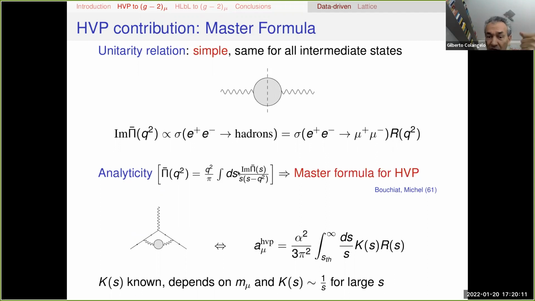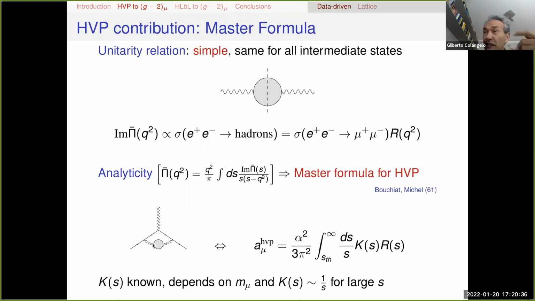So analyticity we've mentioned. Now, you see the momentum is the q squared here, the loop momentum. Once you write this contribution in this way, all you have to do to calculate this one loop is to consider this, which is essentially a propagator, but with a variable mass s.